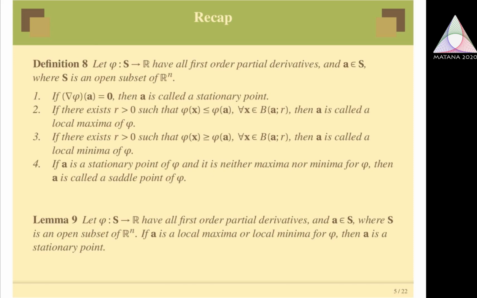If a is a stationary point of phi and it is neither a local maximum nor a local minimum, then a is called a saddle point of phi. It is easy to observe that if a is a local maximum or local minimum for phi, then a must be a stationary point.